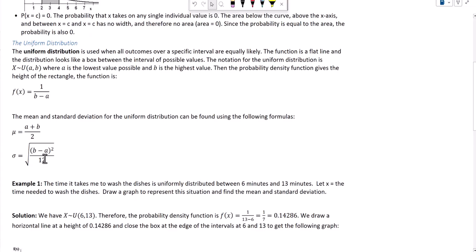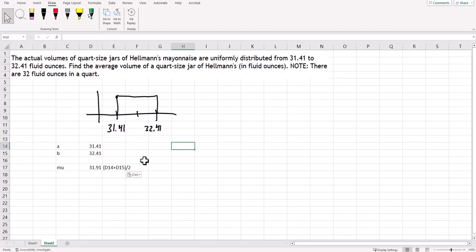So I'm going to just do this, but I'm going to kind of do it in steps so that it makes a little bit more sense to me. So I'll say b minus a is right here. Maybe not a great one because it's 1, and 1 squared is 1.